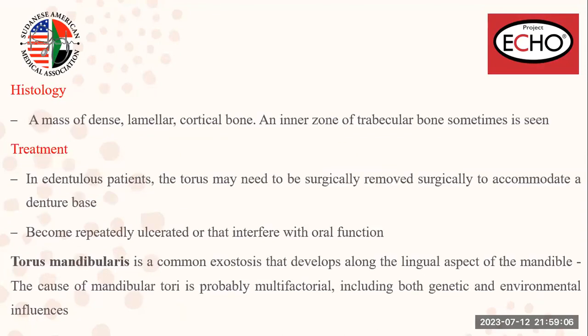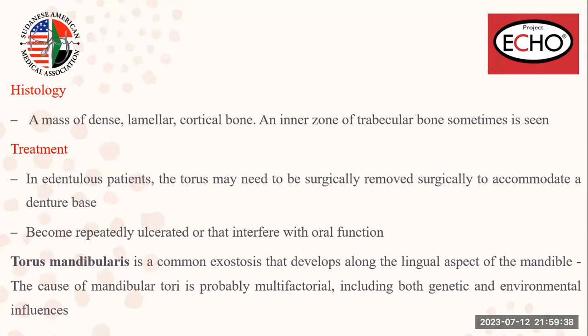The histology is the same as exostosis. Again, they are a mass of dense lamellar cortical bone. The inner zone of trabecular bone is sometimes seen, so it's not only dense. Sometimes you may see trabecular or spongy bone in the middle. As for treatment, in edentulous patients the torus is sitting in the midline of the palate, so it might be necessary to surgically remove it to accommodate a denture base for the upper jaw.